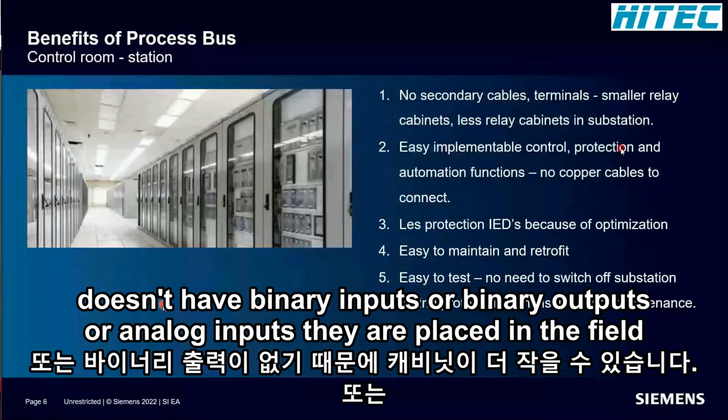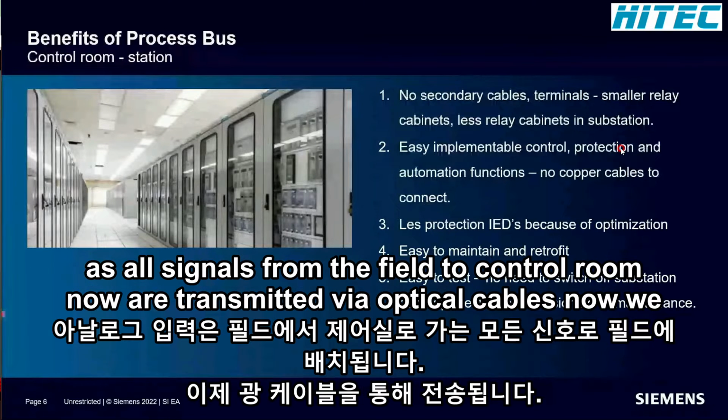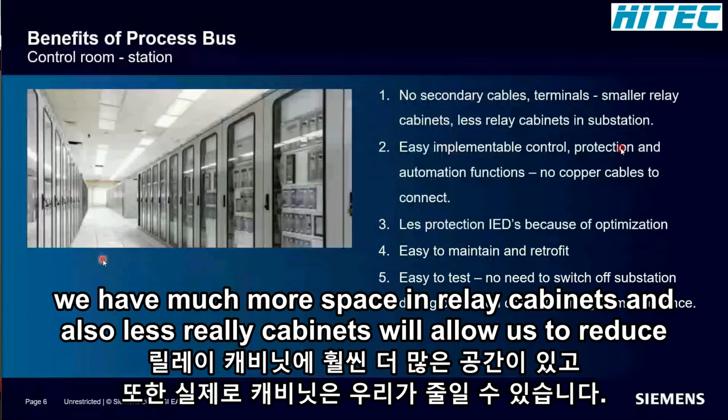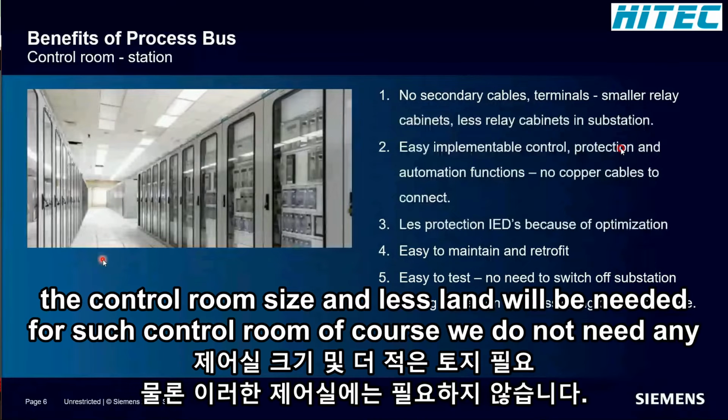They are placed in the field, as all signals from the field to control room now are transmitted via optical cables. Now we can combine, of course, also several bay protection relays in one cabinet, because relays are smaller. We have much more space in relay cabinets. And also, fewer relay cabinets will allow us to reduce the control room size, and less land will be needed for such control room.